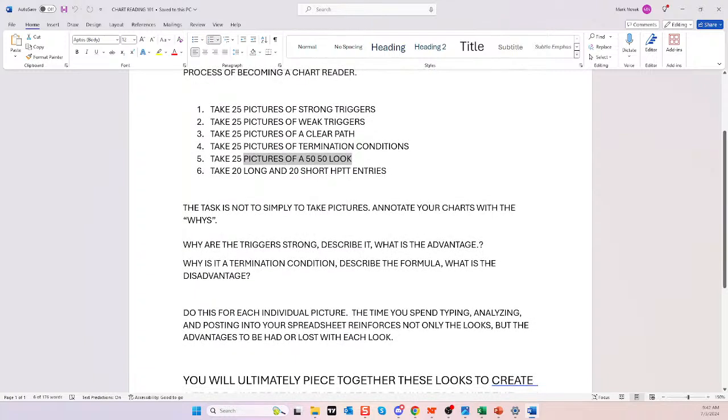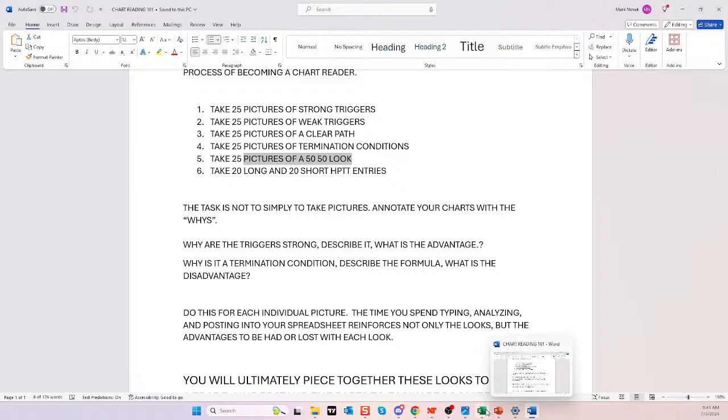But it's not just taking pictures, and this is such a key part of it, you've got to annotate your pictures. You've got to write on your pictures, and you've got to talk about the whys. Why are the triggers strong? So physically type out, my triggers are strong because the smalls are above the large, because they're wide, because the scissors are open. This means the advantage of momentum. This is rule number 1 being met.